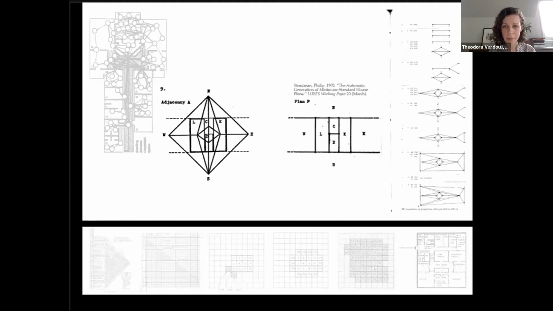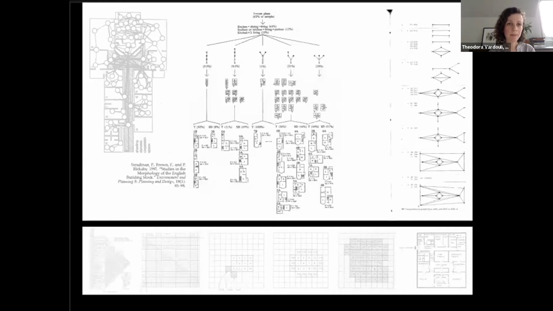So this representation would ultimately become the foundation of an entire field that was called Configurational Studies, or otherwise architectural morphology, that was pursued very vigorously in the UK and the US from 1965 to 1975.